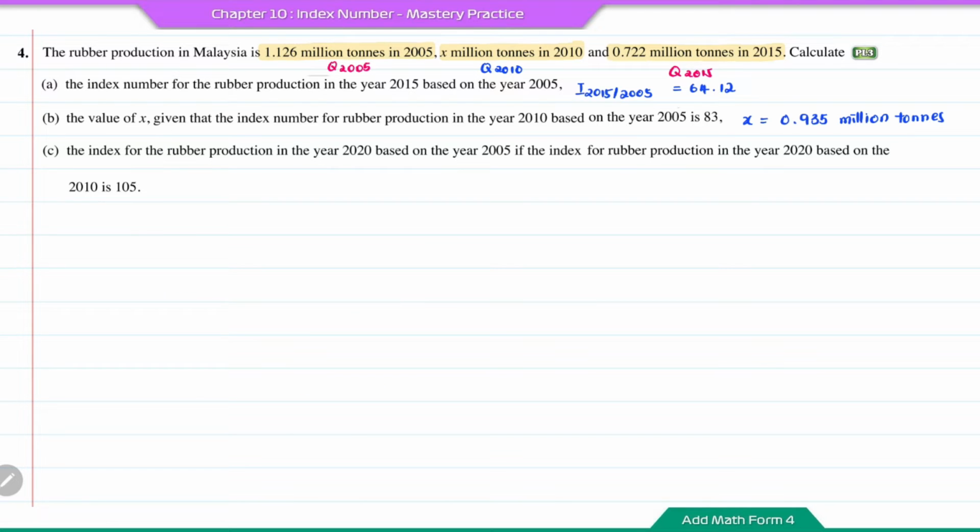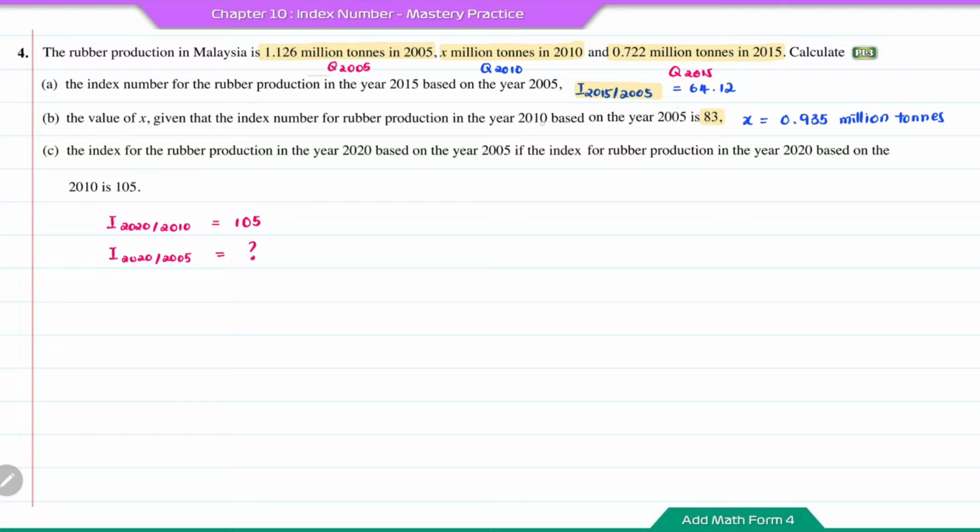Question C. The index for the rubber production in the year 2020 based on the year 2005 if the index for rubber production in the year 2020 based on 2010 is 105. So from the information in question C, this is the information that we get. And in question A, we also have one index number which is in the year 2015 based on 2005. And in question B, we also have another index number which is 83.